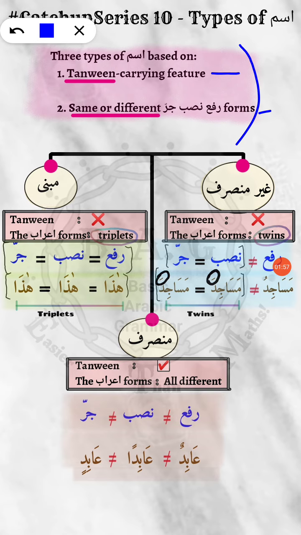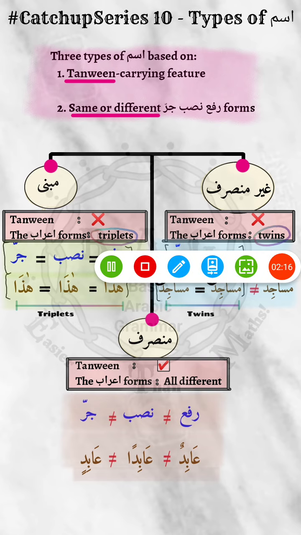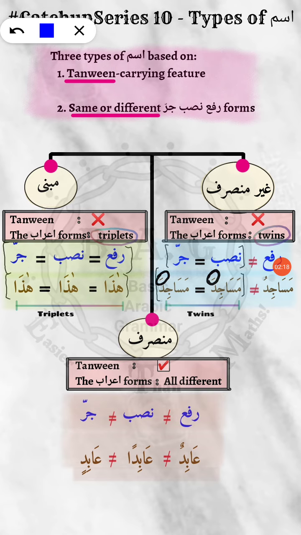Okay, so as you can see, on the basis of these two features, an ism can be divided into three types. We have munsarif asma, ghair munsarif asma, where ghair means without or non, and then we have the mabni asma. And what these are, we are going to cover. By the way, about 85% of asma in Arabic are munsarif.